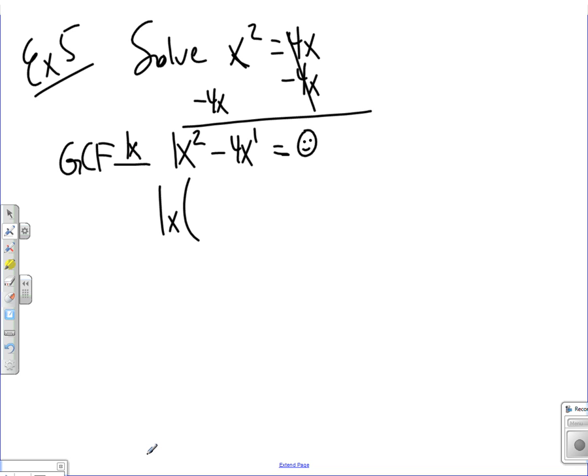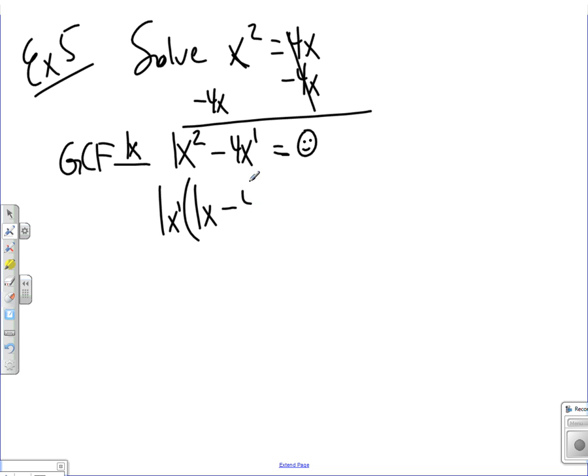And what I want to find out now is what is left over. Let's see. I have what times 1 gives me 1? Well, that's 1. I had 2 x's looking at the exponent. I took a single x out, an x to the first. How many x's would I have left? I would have a single x to the first. What do I multiply 1 by to give me negative 4?